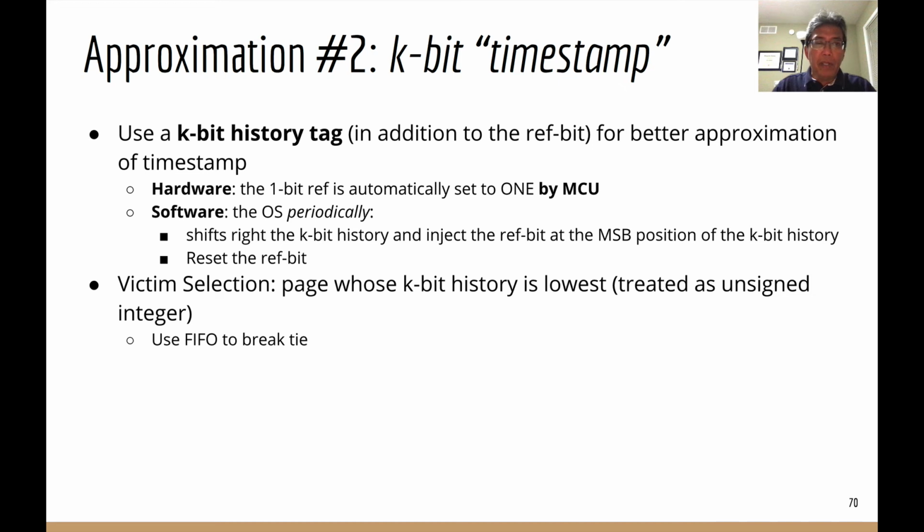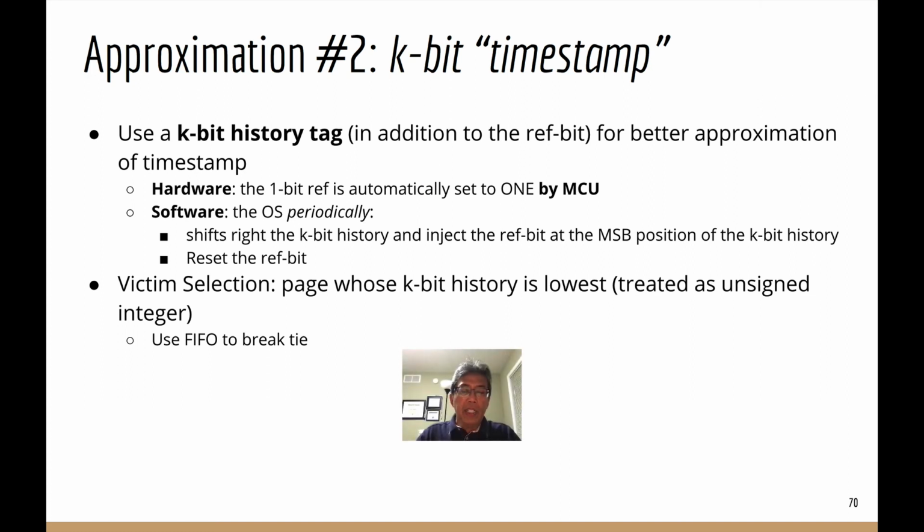Every time a particular page is referenced, the hardware will set the reference bit to 1. The software part is to periodically check the reference bit and push that bit into the k-bit history, and after that, the software will reset the reference bit. Then the victim selection algorithm will look for a page whose k-bit value is the lowest.